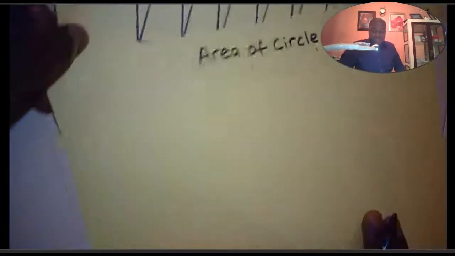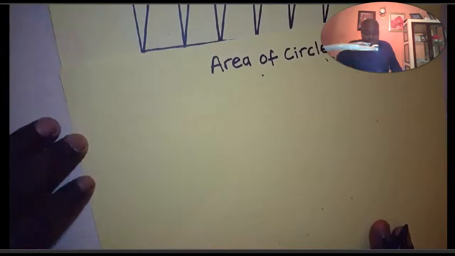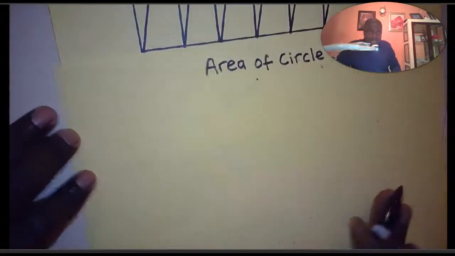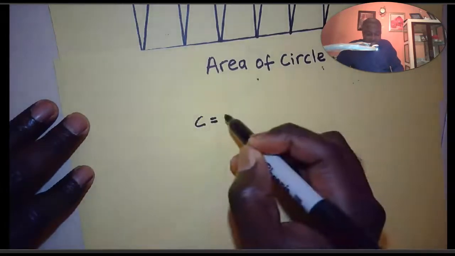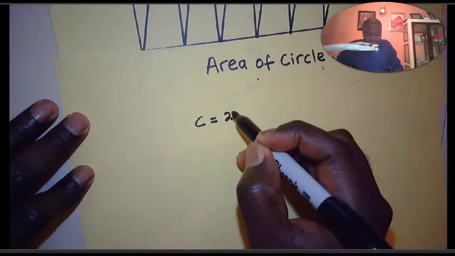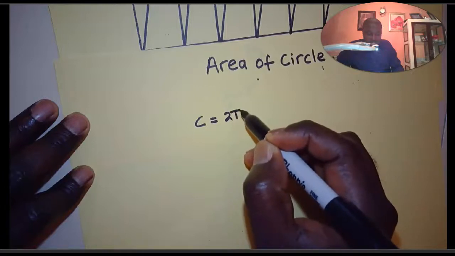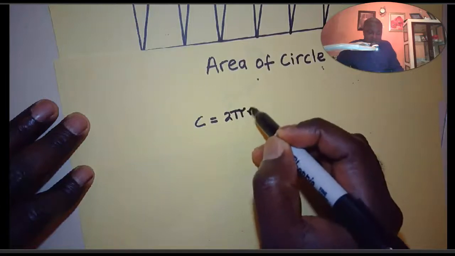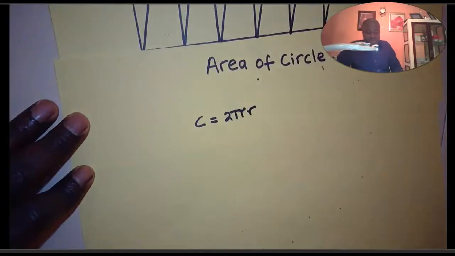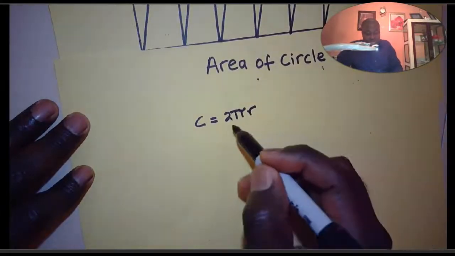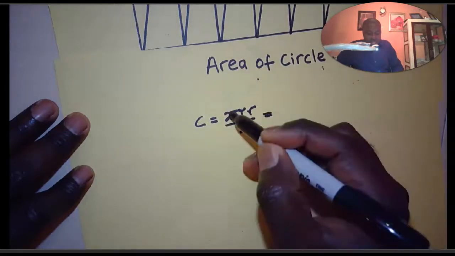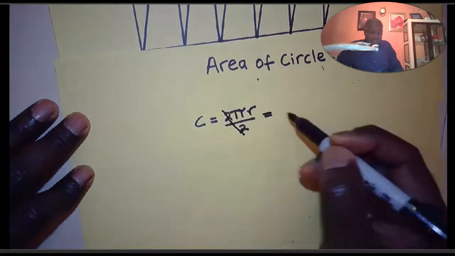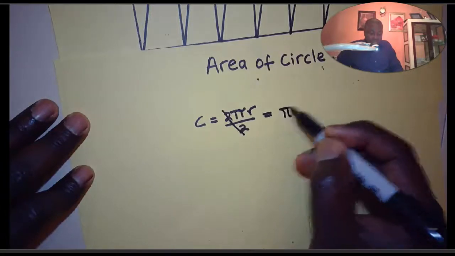But from our previous video, we were able to discover that a circumference is 2 pi r. So if we divide this by 2, we get pi r.